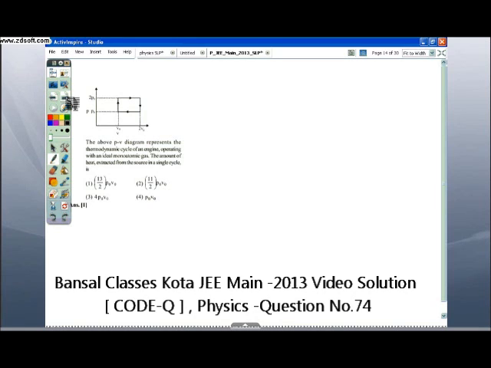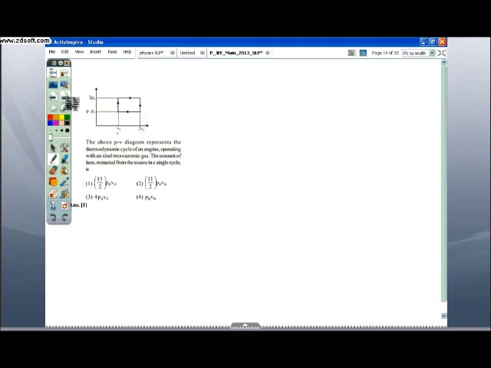In this problem, the above PV diagram represents the thermodynamic cycle of an engine operating with an ideal monatomic gas. The amount of heat extracted from the source in a single cycle. Heat extracted from the source basically is heat given to the system, heat given to this cycle.